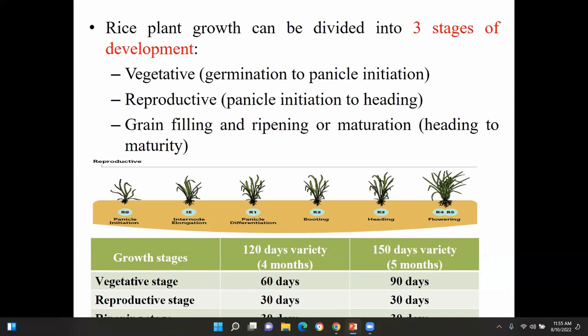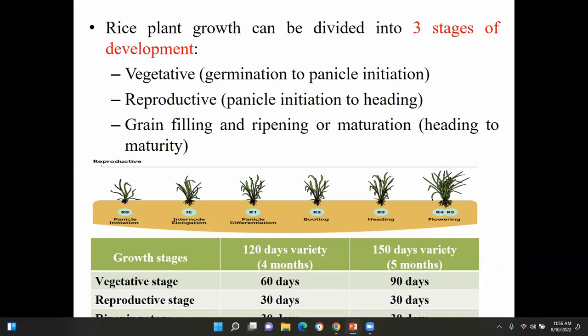In the 90-day variety, the vegetative stage is 30 days, the reproductive stage is 30 days, and the grain filling, ripening or maturity stage is 30 days. Okay, in the 120-day variety, the vegetative stage is 60 days, the reproductive stage is 30 days, then the maturation period is also 30 days. The 150-day, 5-month variety is now not cultivated anywhere in Sri Lanka because of the climatic conditions, water requirement and many other things.